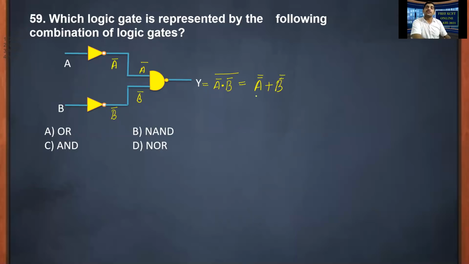So De Morgan's law, you have to apply this. So this becomes equal to A or B. So simple. So it becomes an OR gate. All right.